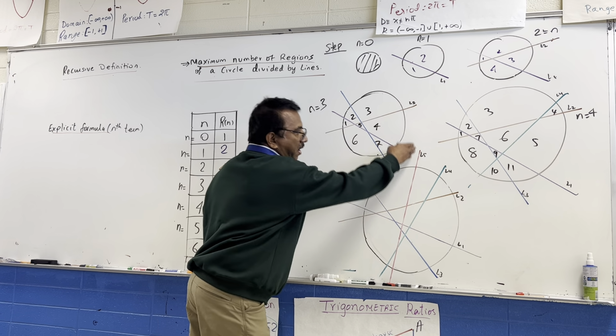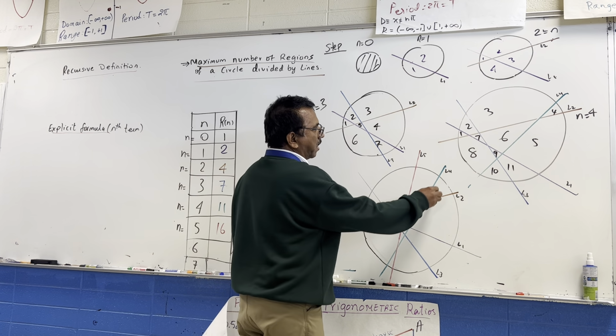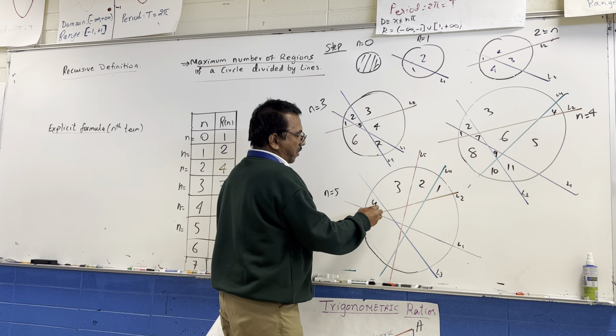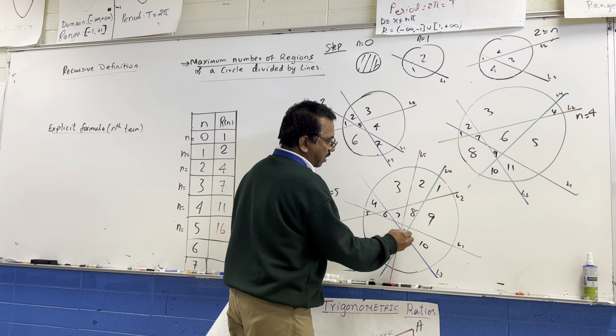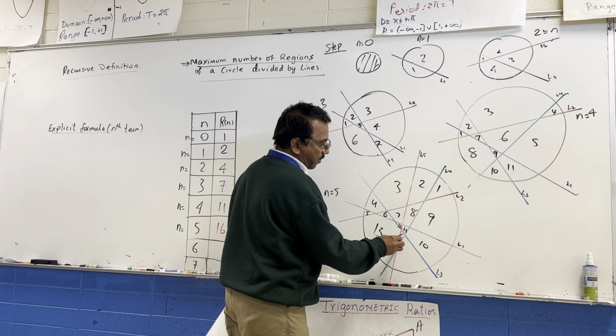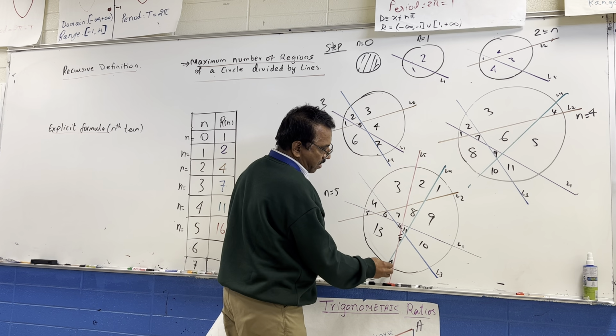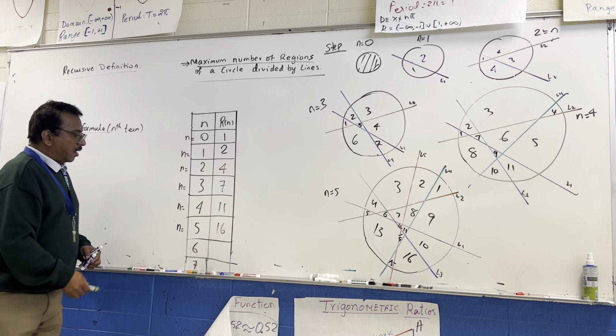You can see the red line, line 5, is added. Let's count how many regions there are: 1 through 16. So there are 16 regions.